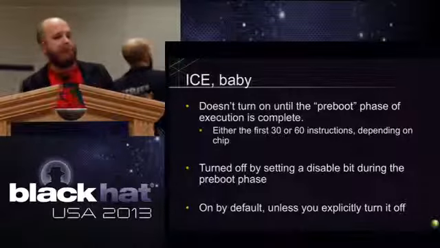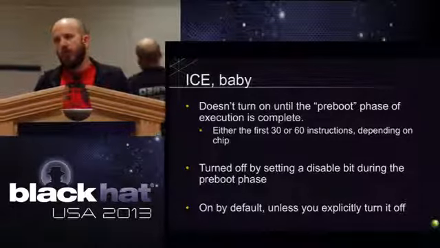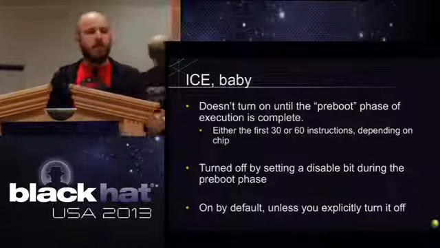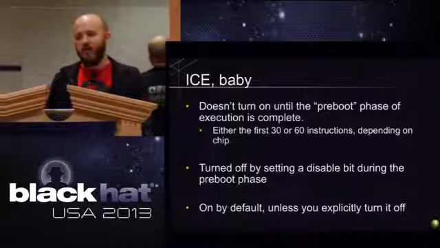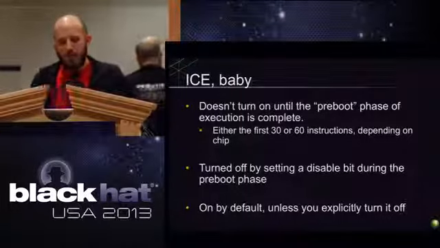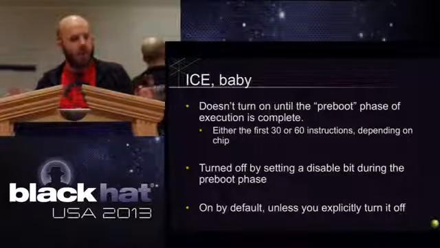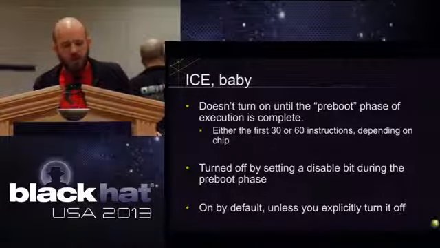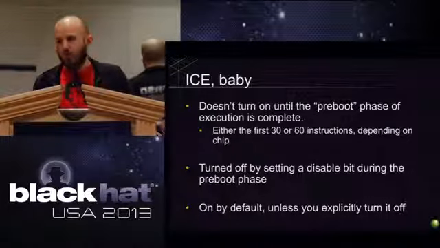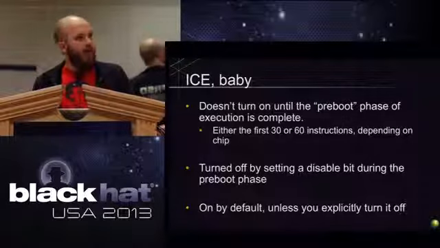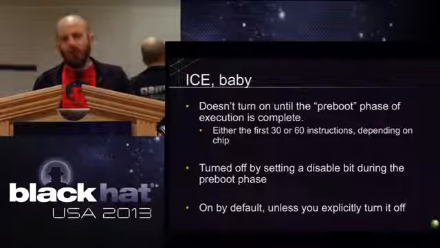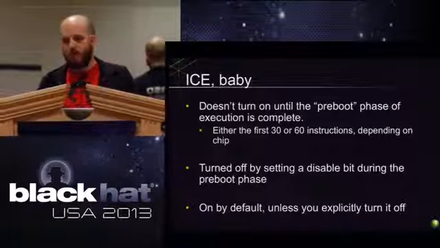That's either 30 or 60 cycles depending on the documentation version, rather than the chip. I think somebody made a mistake, but it doesn't matter. It's so small that it's imperceptible for us for the most part. And then it gets turned on by default every single time you apply power, unless you set a specific bit that says, hey, don't turn me on.